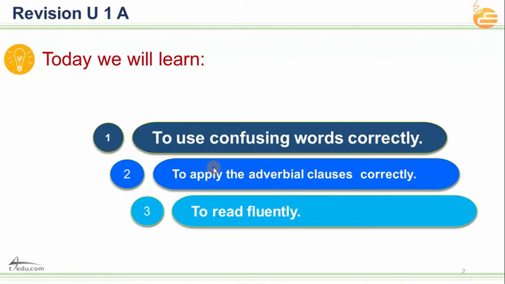And always remember that this is a final revision, so it's more like practice. So we're going to remember the adverbial clauses correctly. And finally, I'm going to give you some reading and you're going to read fluently. So every time after reading, we have some vocabulary and some comprehension questions.